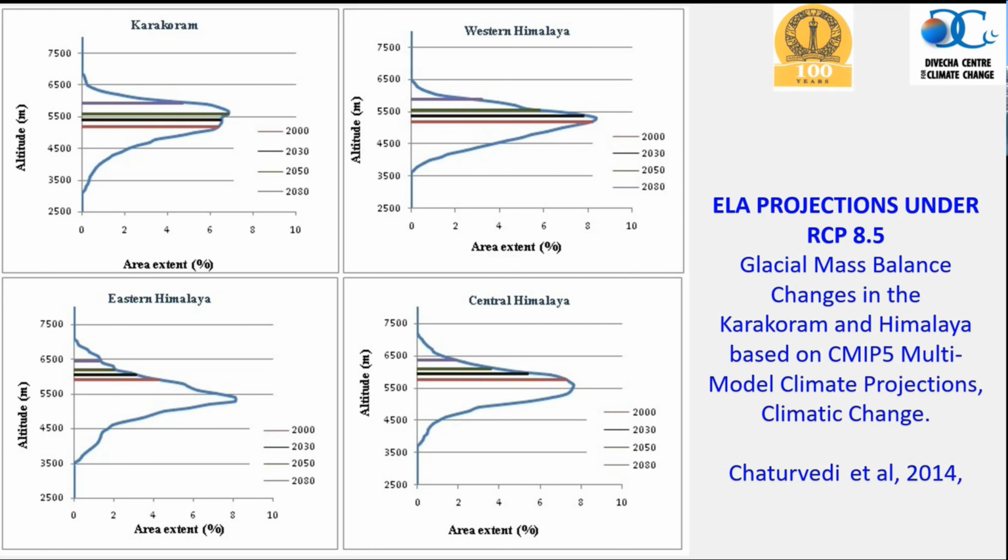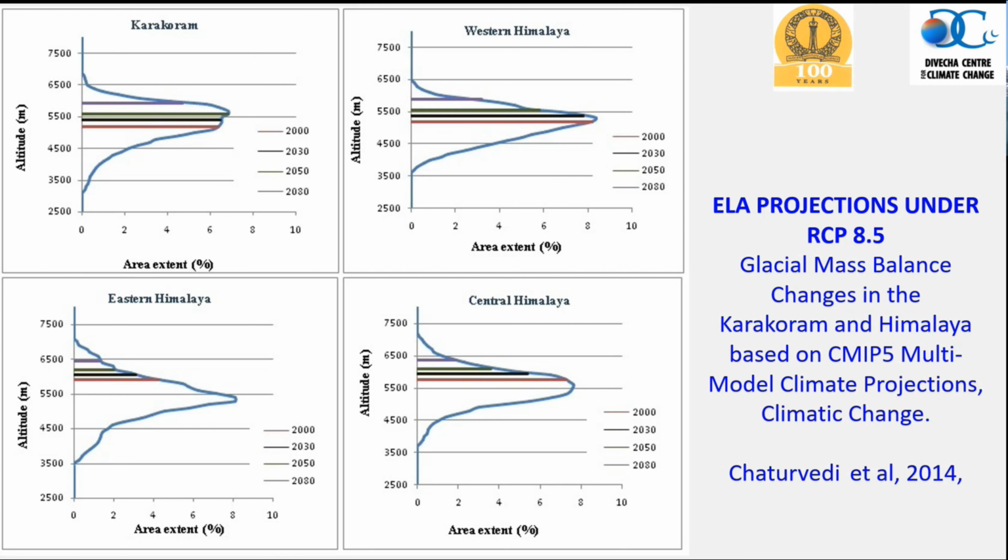But as time progresses, and by 2050 or 2080, in between 2050 and 2080, this Karakoram anomaly is completely going to vanish. And glaciers will start retreating. Right now, they are stable. Some which are located at very high altitude are advancing, but this luxury is going to go in between 2050 and 2080.